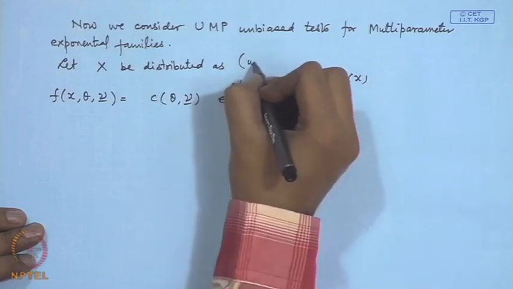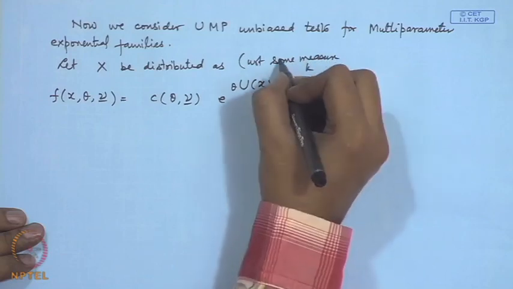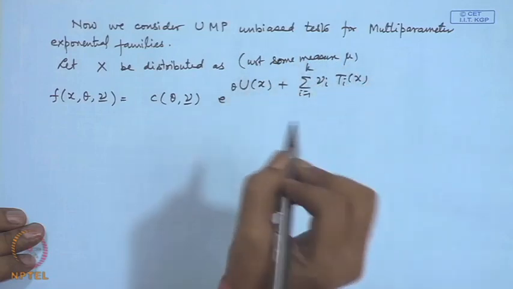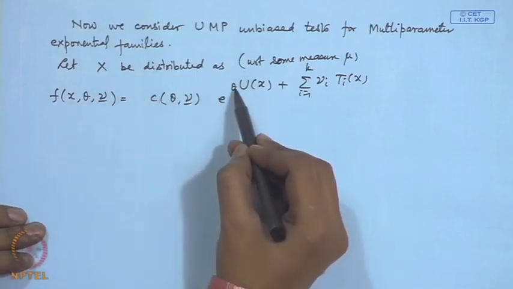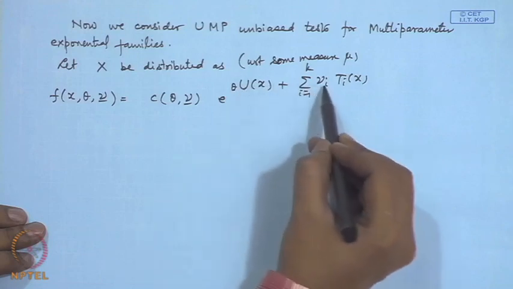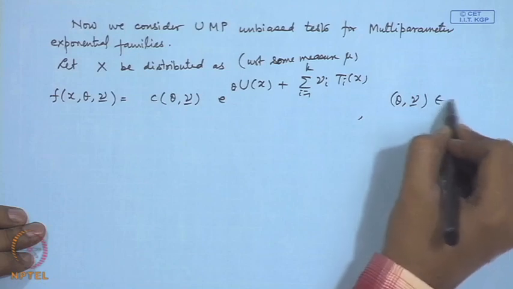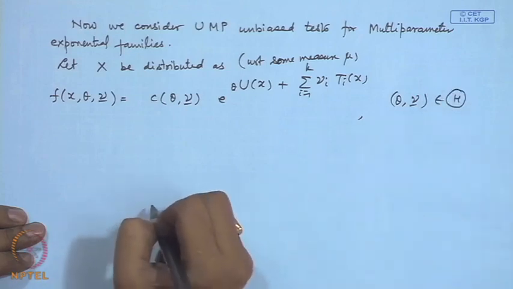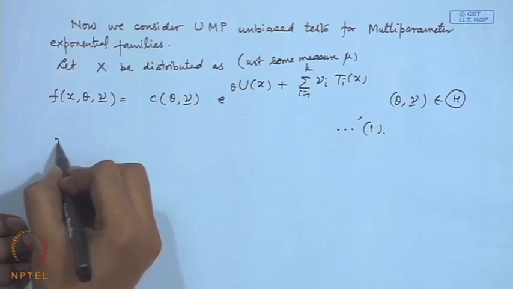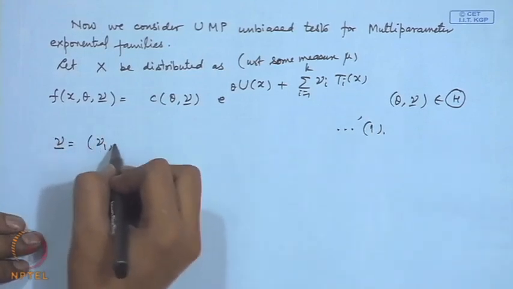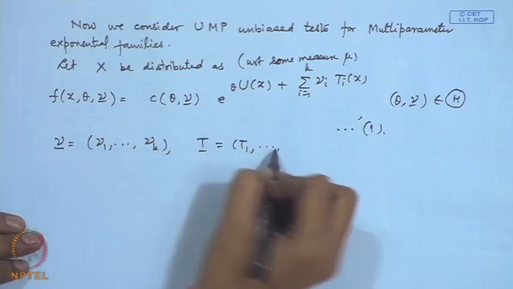Now, this is with respect to some measure μ, because we may deal with discrete or continuous or mixed distributions. So, this is a general form of the probability density. Here you have θ U(x) plus sigma ν_i T_i, and this (θ, ν) belongs to some parameter space, say script Θ, let me call it 1. We will use the abbreviated notation ν for ν_1, ν_2, ..., ν_k, and T for T_1, T_2, ..., T_k.